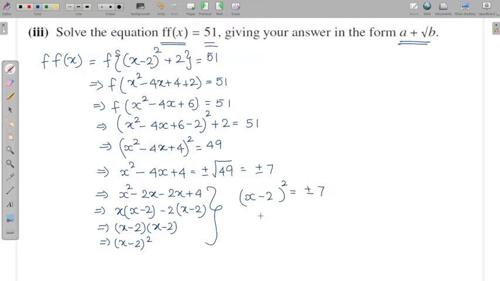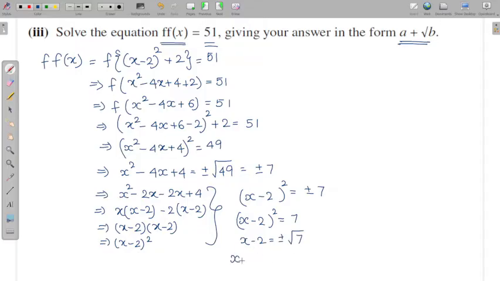Okay, so again when I take a square root, I cannot take square root of a negative number and get a real value. So I'm going to drop this negative sign. So I will do x minus 2 whole square equal to 7. So x minus 2 is equal to plus minus square root of 7.